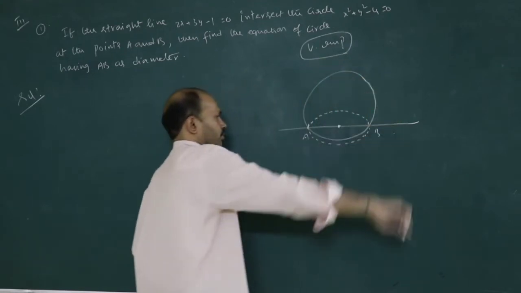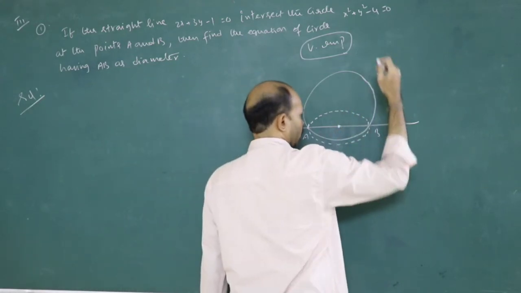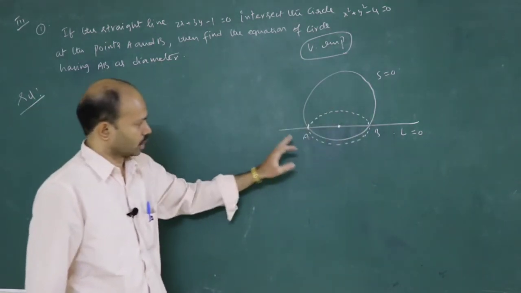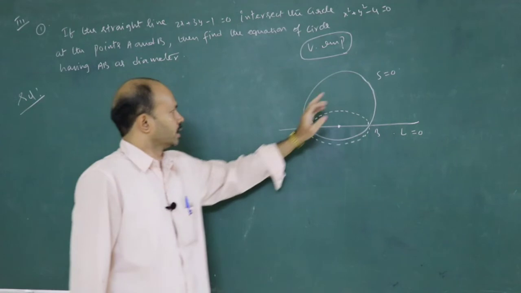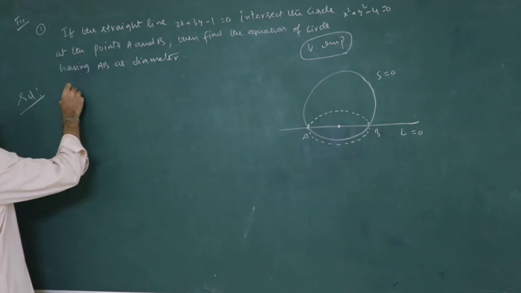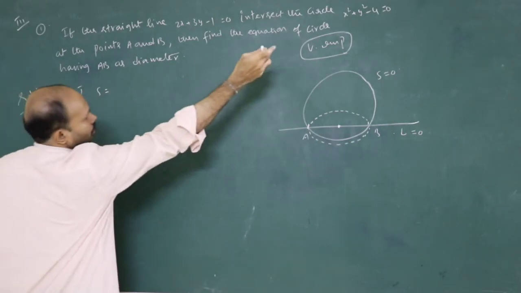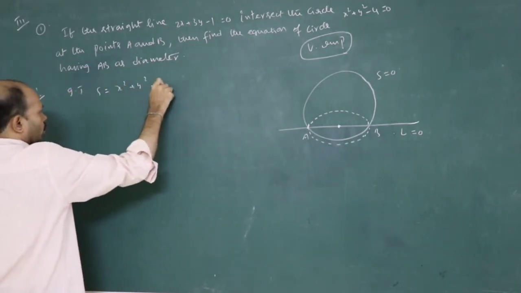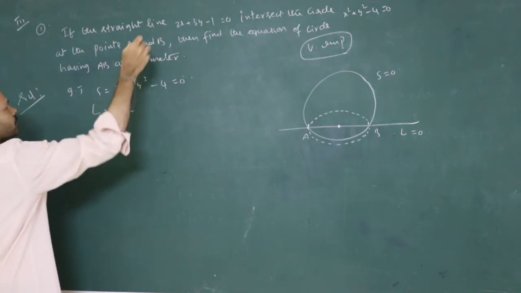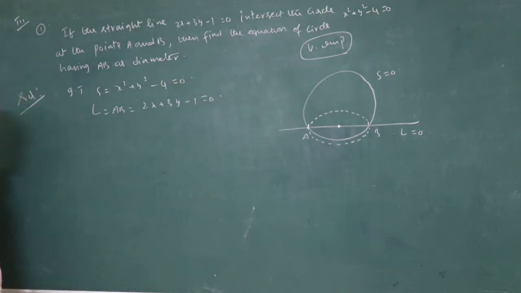Here you have the center of the new circle. S is equal to 0 is one circle and L is equal to 0 is one straight line. This dotted circle is nothing but a circle passing through the intersection of S and L. You know the formula of it. Given that S is the circle equation x square plus y square minus 4 is equal to 0, and the line L, that is AB, is 2x plus 3y minus 1 is equal to 0.